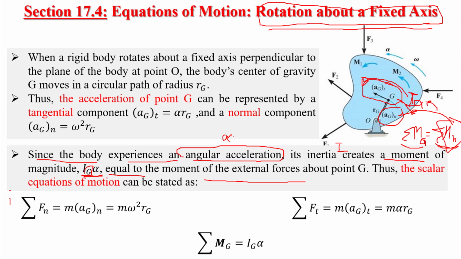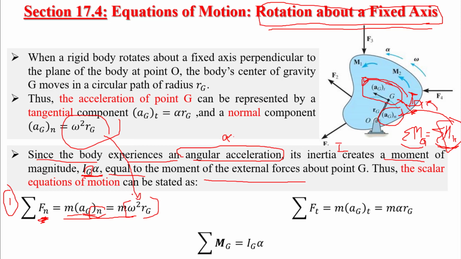So this is equation 1 in the normal direction, which is equal to the summation of forces in the normal direction. We see where we have forces going in the same direction as the normal axis, and this is equal to m a_G in the normal direction, and the acceleration in the normal direction equals omega squared multiplied by r_G.